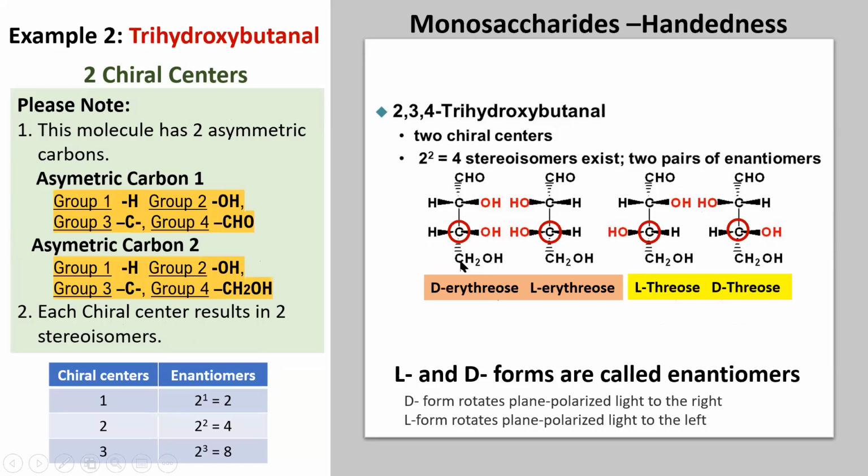Number 1, which is H, number 2, which is CH2OH, number 3, which is OH, and number 4, that is C. I want to ask everyone, with respect to this carbon which is circled, does everyone see the 4 different things that are attached to this carbon?